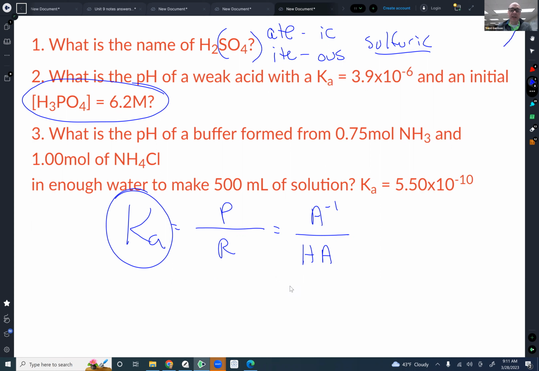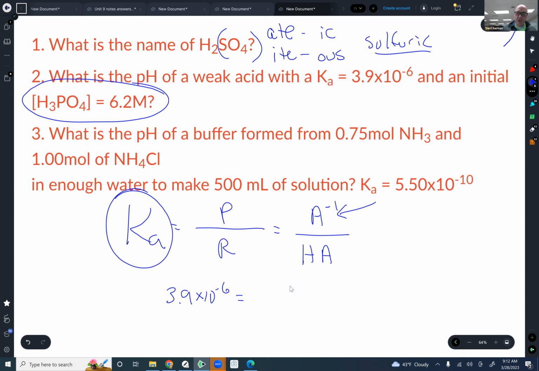So what we've got to do is solve for this up here, and that will in fact then tell us what the concentration of hydrogen is, which we can then plug into a pH value. So it's convoluted, it's got a lot of steps. Let's see if we can make this work. Okay, so I have a Ka value of 3.9 times 10 to the negative 6.